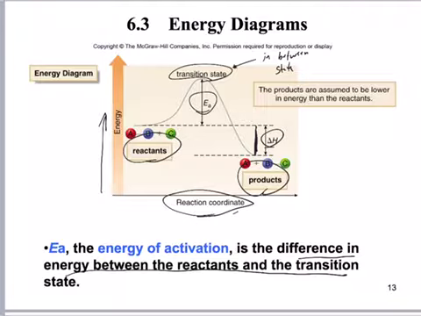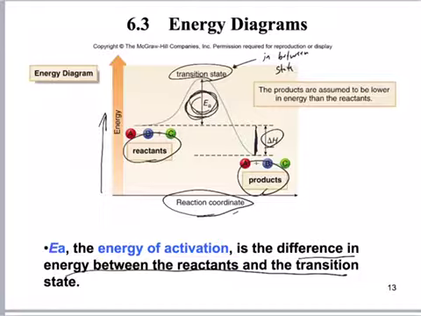So every reaction has to have some sort of little oomph to get it over this hill, this energy of activation hill. Those reactions that don't have a big energy of activation tend to occur quickly. Those that have a much higher energy, the bigger this hill, the harder it is to get over that hill, they tend to go a little bit more slowly.